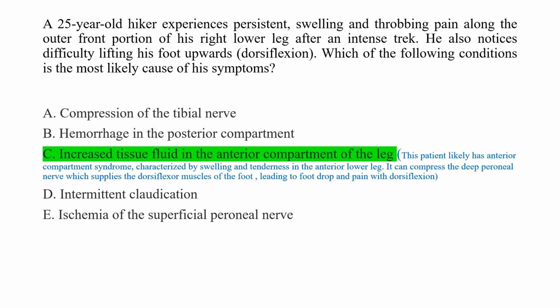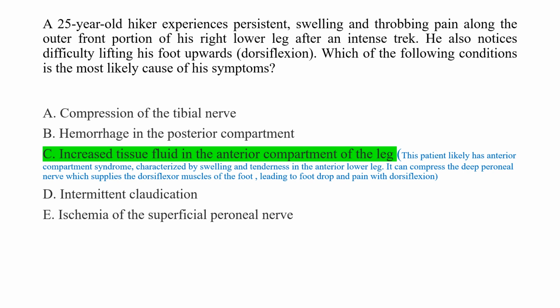The correct option here is C, as this is the most likely cause of the patient's symptoms. The condition described here is anterior compartment syndrome. When there is an increase in tissue fluid or pressure within the anterior compartment, it can lead to compression of the deep peroneal nerve, which supplies the dorsiflexor muscles of the foot.